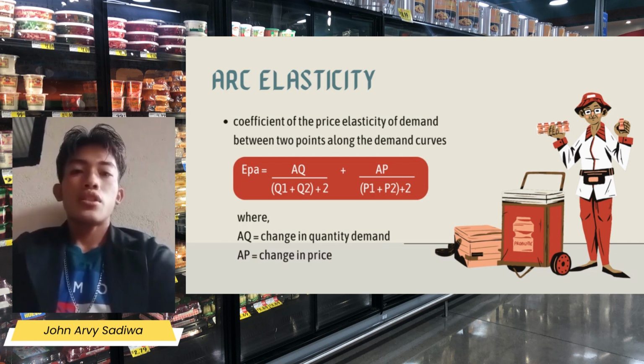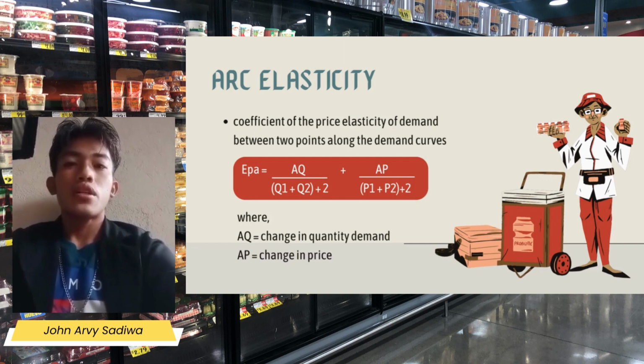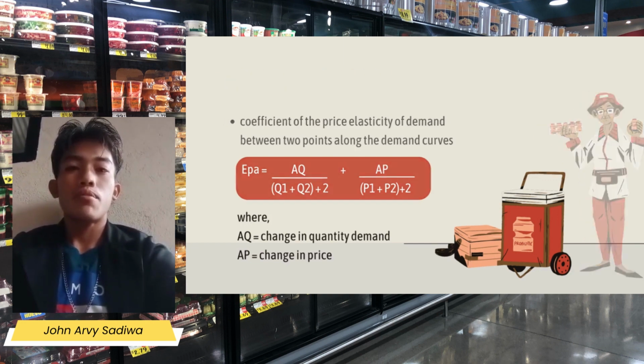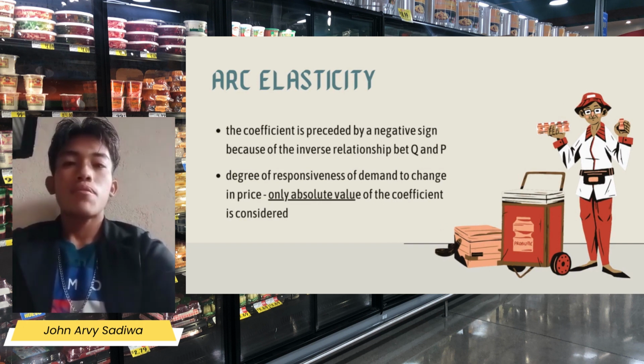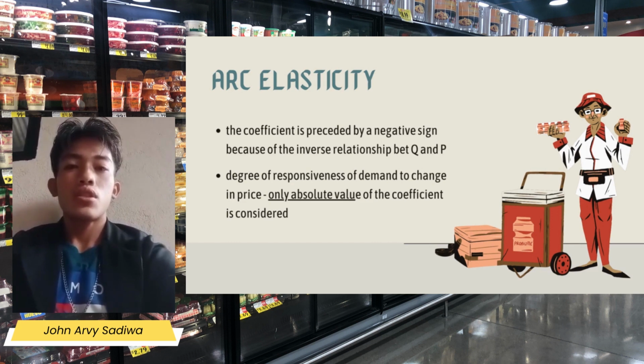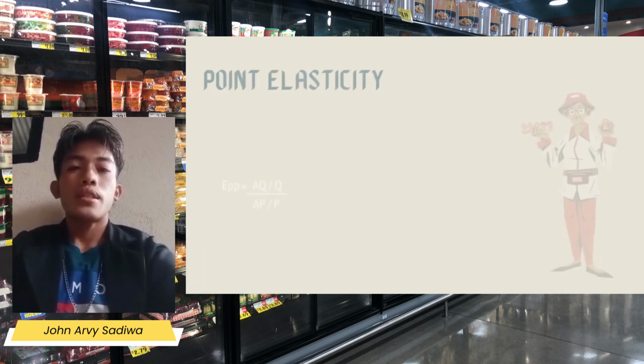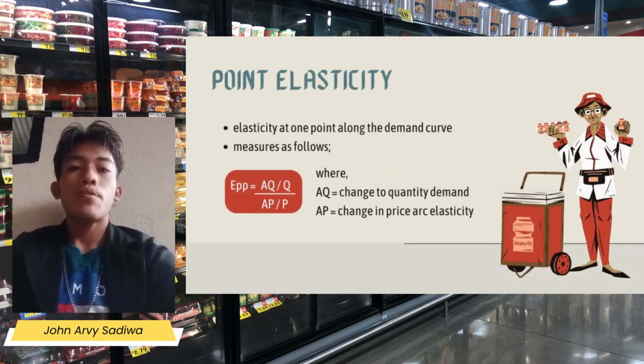If you can see on your screen, the formula for the arc elasticity, where ΔQ is the change in quantity demanded while ΔP is the change in price, the coefficient is preceded by a negative sign because of the inverse relationship between Q and P and the degree of responsiveness of demand to a change in price. Only the absolute value of the coefficient is considered. Moving on to point elasticity. Point elasticity is the elasticity at one point on the demand curve.